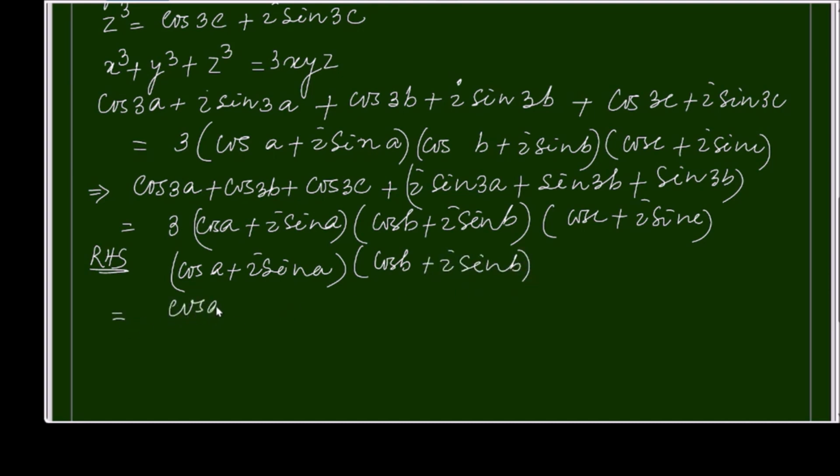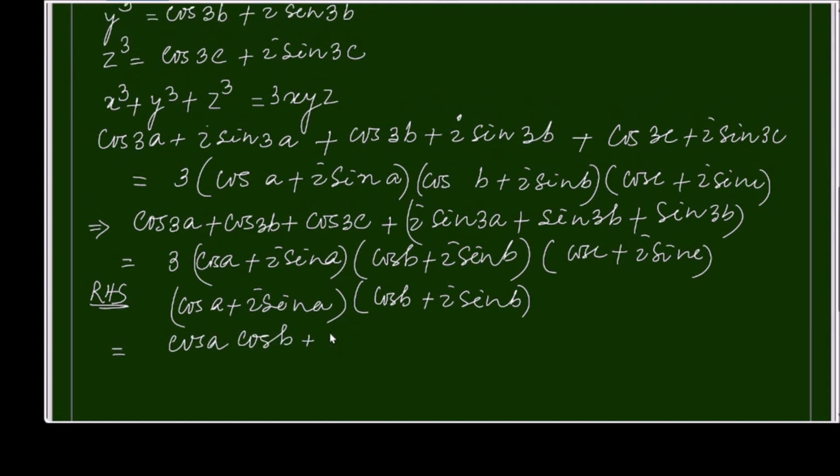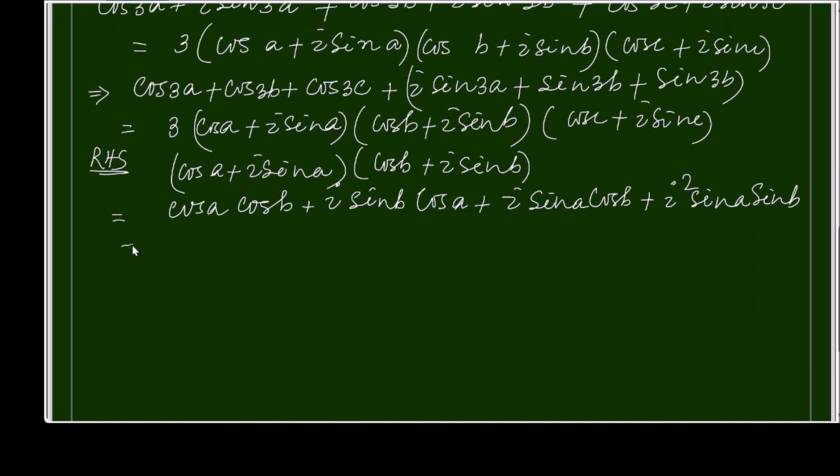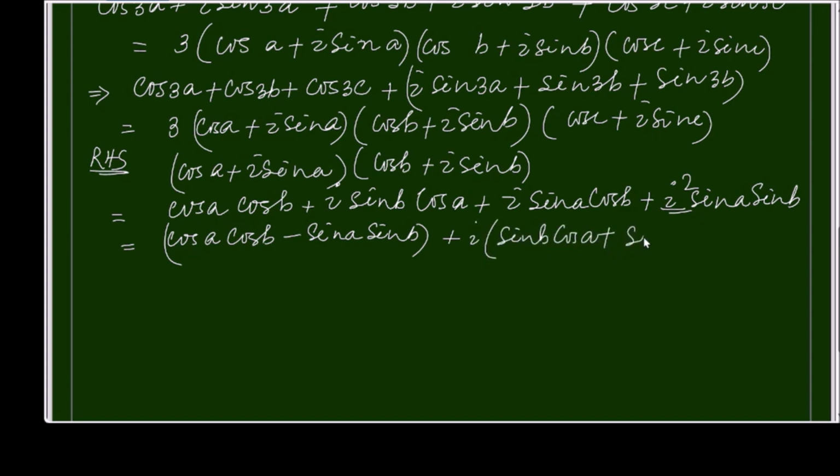If I multiply, this will be cos A cos B plus i sin B cos A plus i sin A cos B plus i square sin A sin B. So on simplification, I'll get cos A cos B, and the last one i square is minus 1, so minus sin A sin B, and taking the imaginary part, I'll get i times (sin B cos A plus sin A cos B).